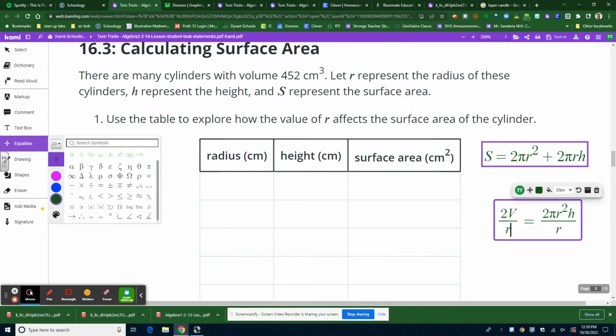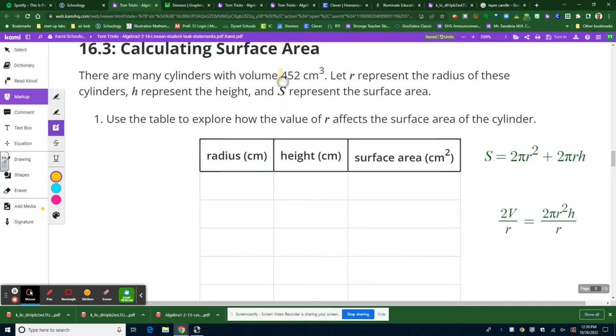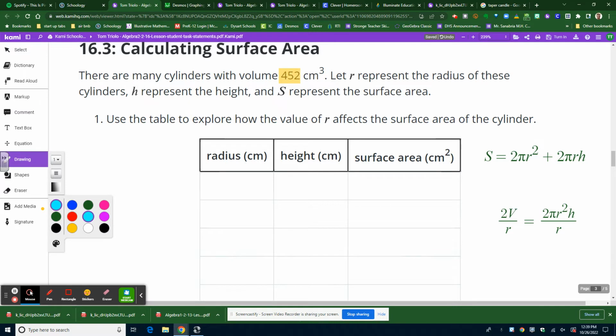So why am I doing this? Because I already know what the volume is. Okay, so since I know what my volume is, I can rewrite this. I'm going to take a different color, this right here, and put it in right there. Okay? So we're going to rewrite it.